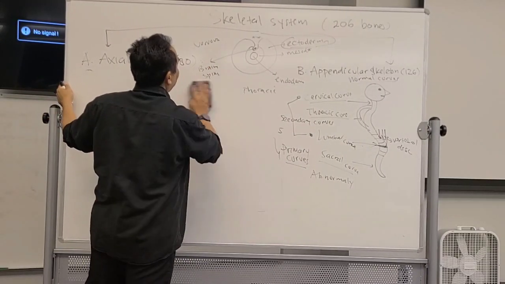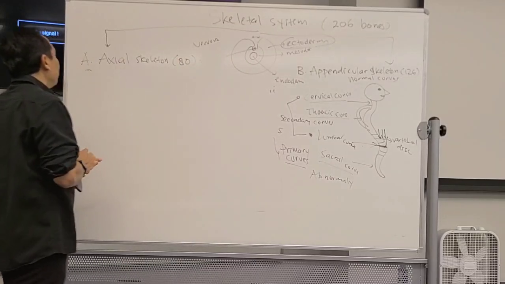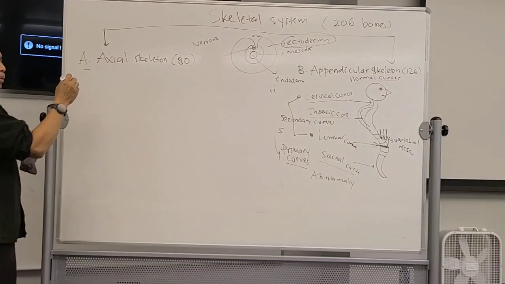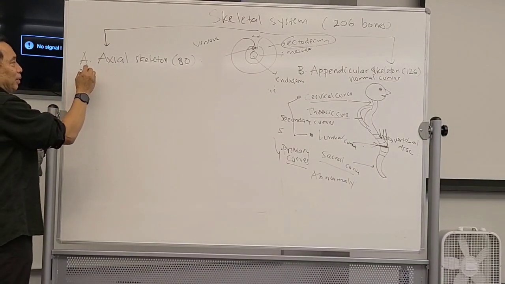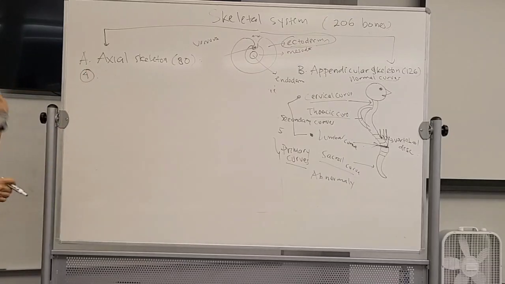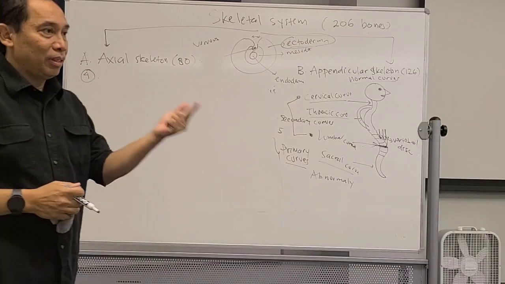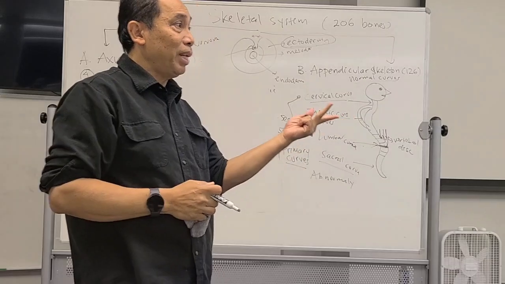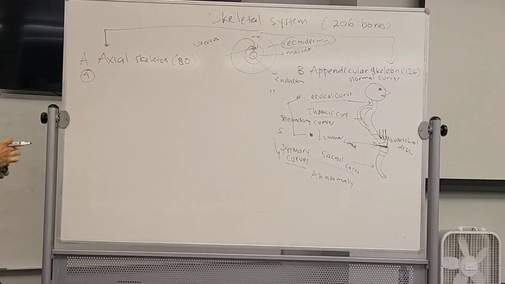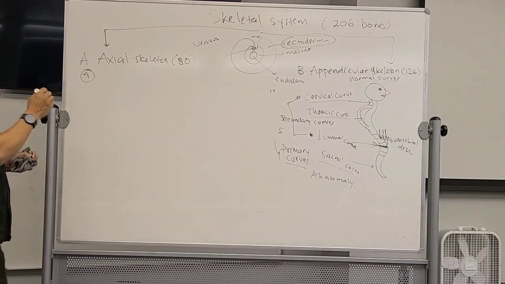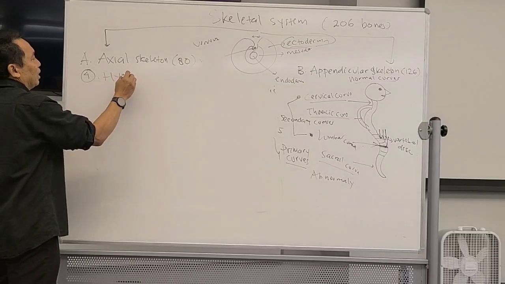The next group of axial skeleton. What group is it now? 4th group. Right? Okay. Skull, rib cage, vertebrae, and the next one is only one in your neck, on the front, called the hyoid bone.